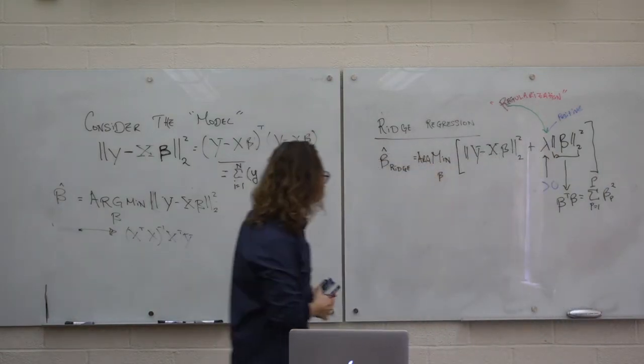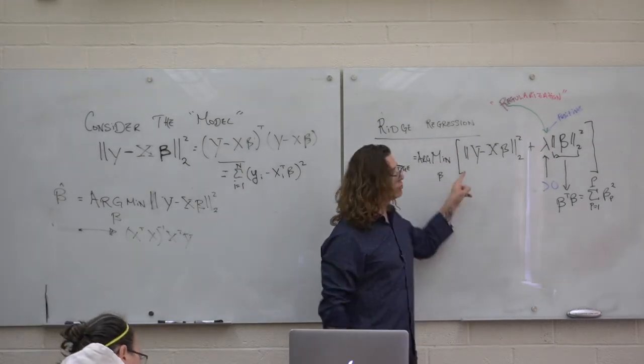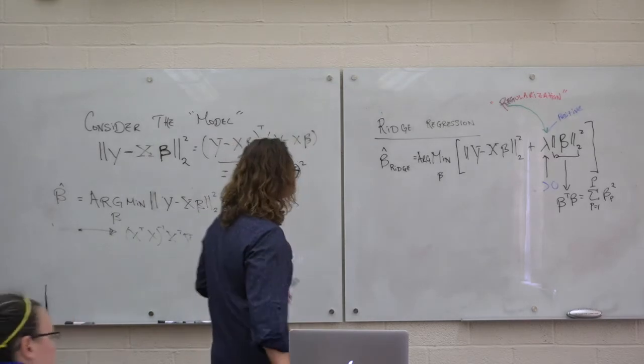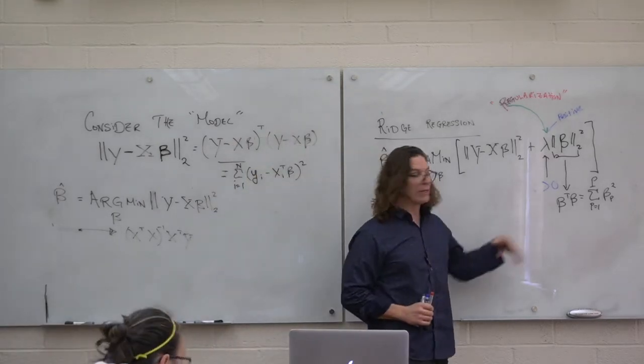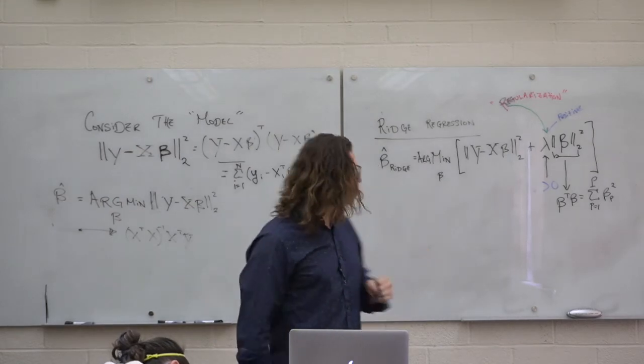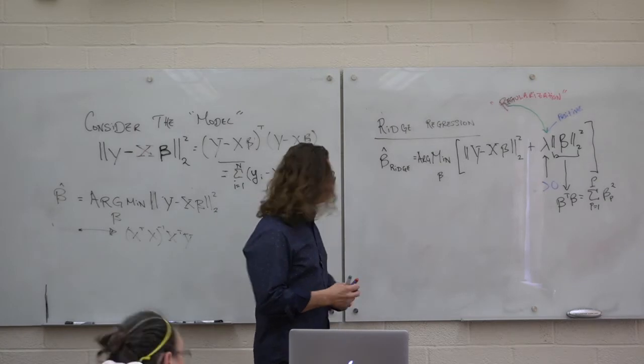It turns out if you pick this thing to be positive, the solution to this problem always exists. And so it's just another calculus problem that you need to solve. I could differentiate everything with respect to the betas, set it equal to 0, solve for everything, and voila, I get a solution.